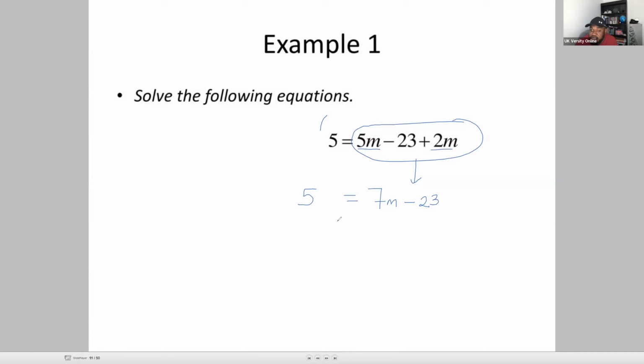Now, you can see that is it. But there's still one more step to go, like the previous one we did. You have to make sure that you get rid of this minus 23, so the variable can be on its own.